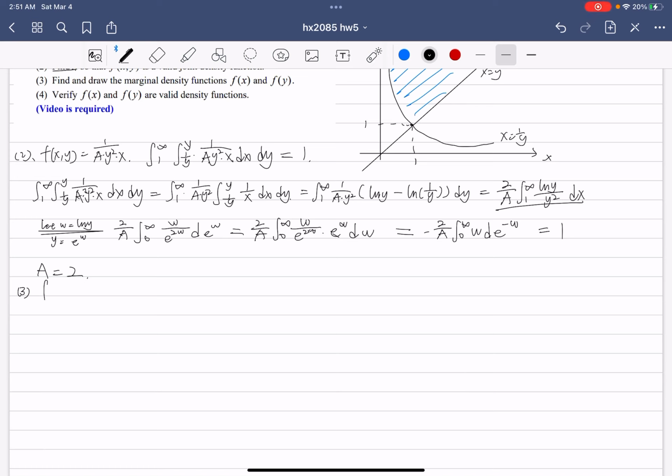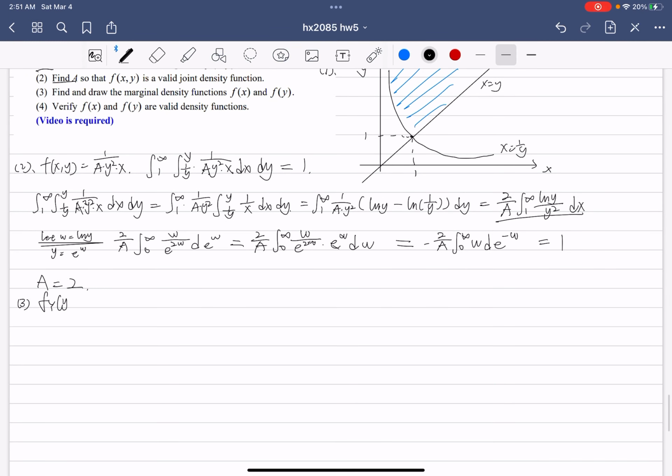Let's find the density function fy first. fy equals the integral from negative infinity to infinity of fxy dx, which is from 1 over y to y, and the function is 2 times y squared x.